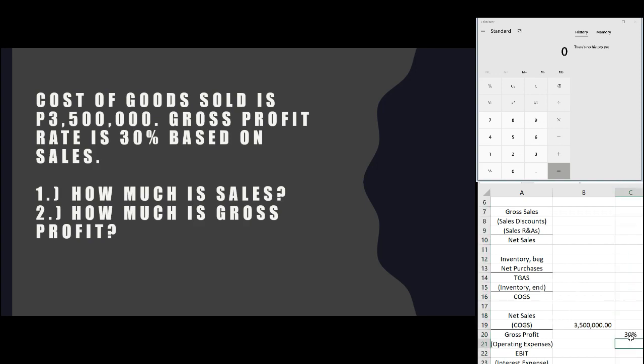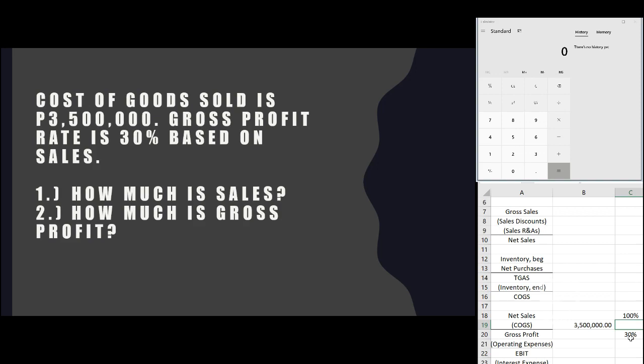Okay? And then, the gross profit rate is based on what? Sabi dito, the gross profit rate is based on sales. So, ibig sabihin, gross profit is 30% of what? Gross profit is 30% of net sales, which means ang 100% natin ay si net sales. Okay? What you have to remember here, guys, is kung sino yung basis.